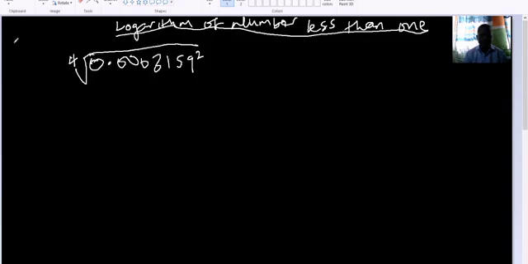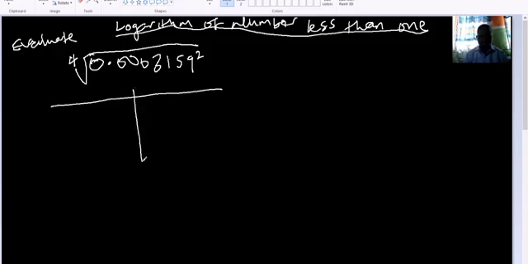You have to evaluate this using table. So if you want to evaluate this one, simply have it like this. So you need to understand this one.